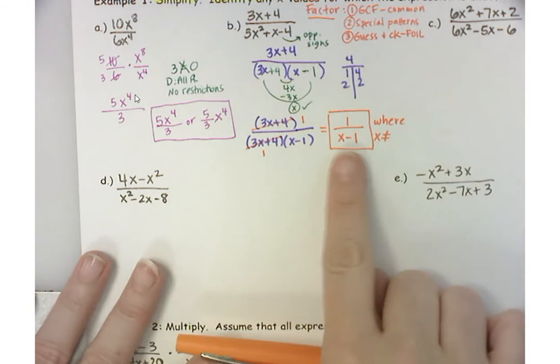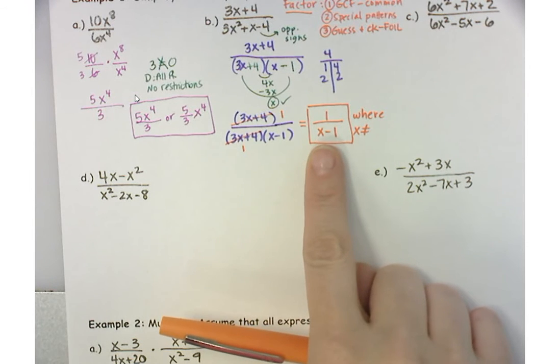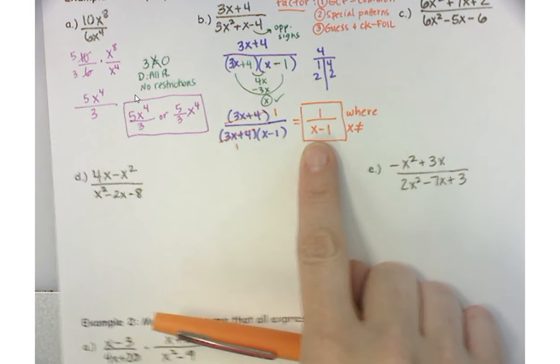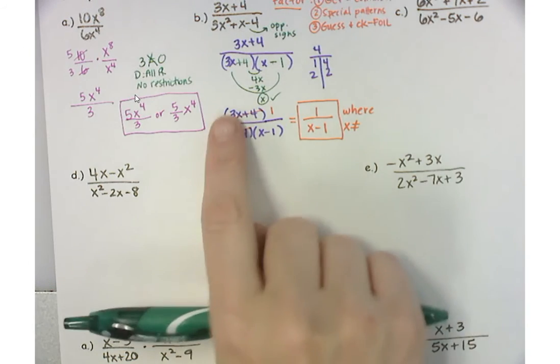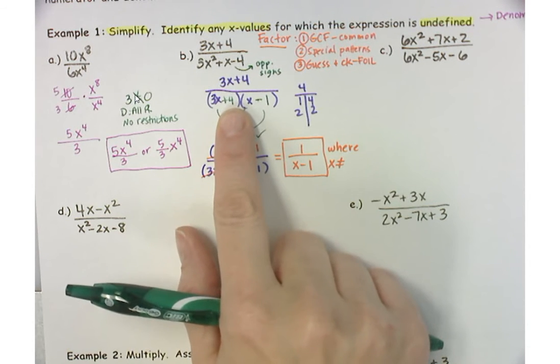Remember earlier I said we have to be careful because we want to make sure that we find all the values that would make the denominator 0. So I would not be able to cancel these out if this was 0. I would have 0 over 0, which is called an indeterminate value. It's something that you look at in pre-calculus and calculus.